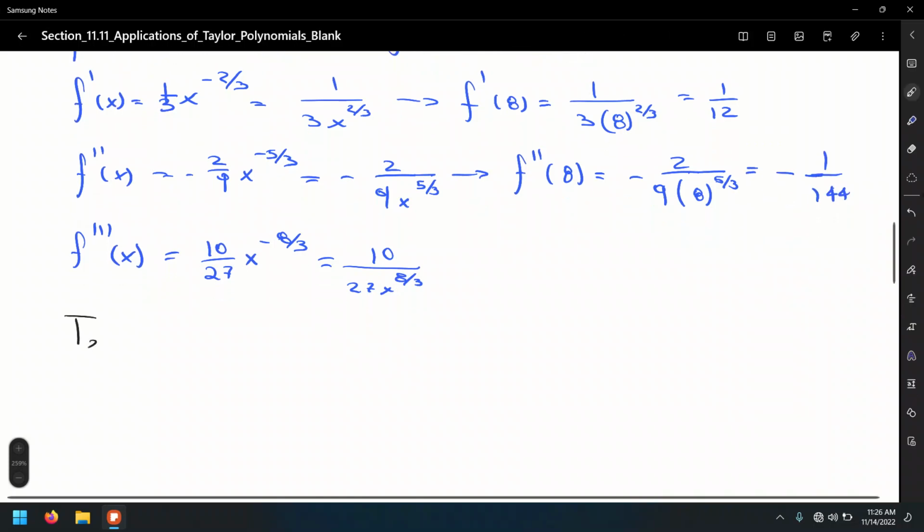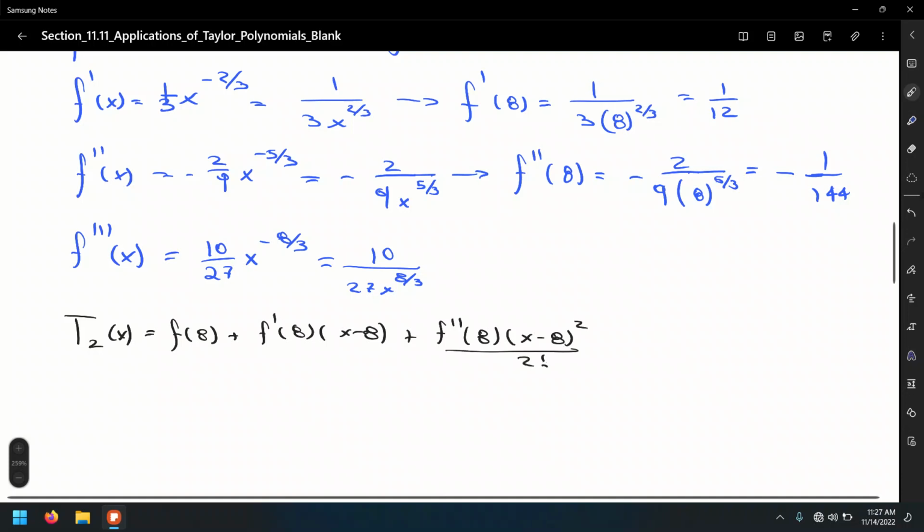So T2 of x will be f of 8 plus f prime of 8 times x minus 8 to the first power over 1 factorial, but I'm not going to write the 1 factorial nor the number 1 power, plus f double prime evaluated at 8 times x minus 8 to the second power over 2 factorial.